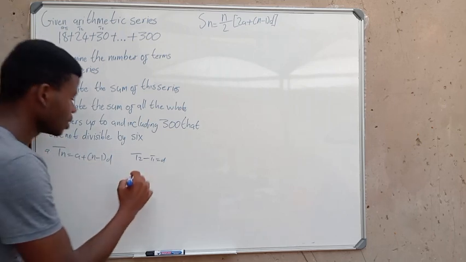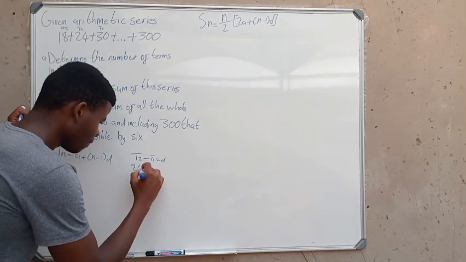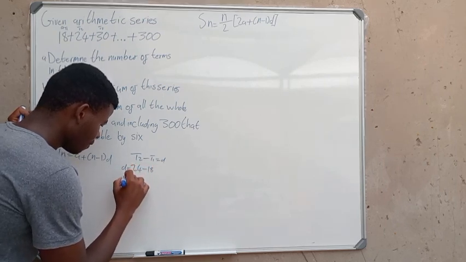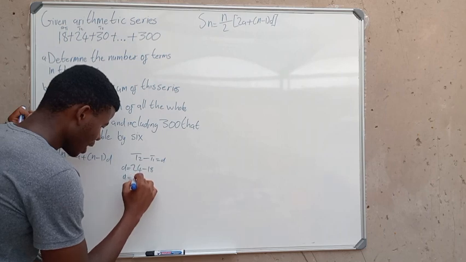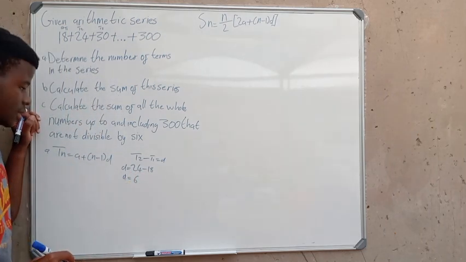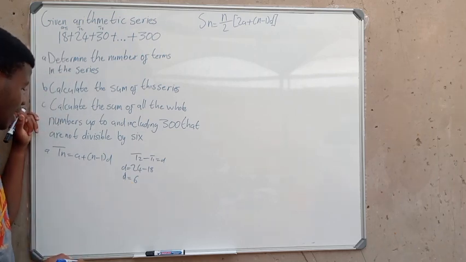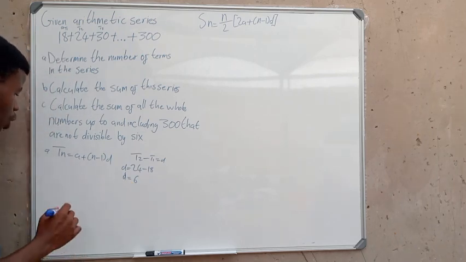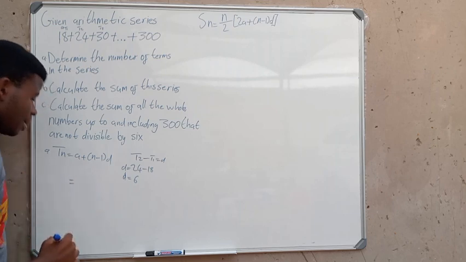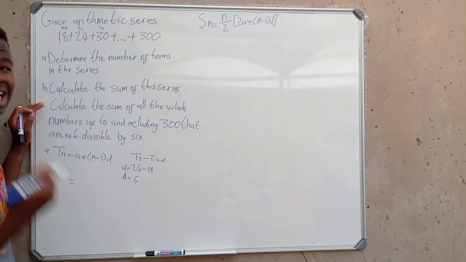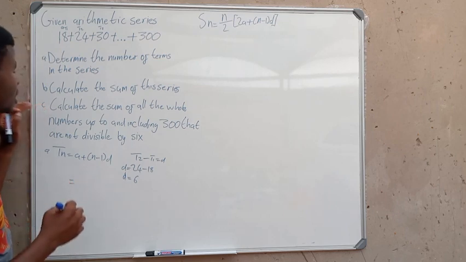Okay, so now we're going to say 24 minus 18, and then we get 6. So 6 is our common difference. Please refer to the first video if you want to understand this very deeply.